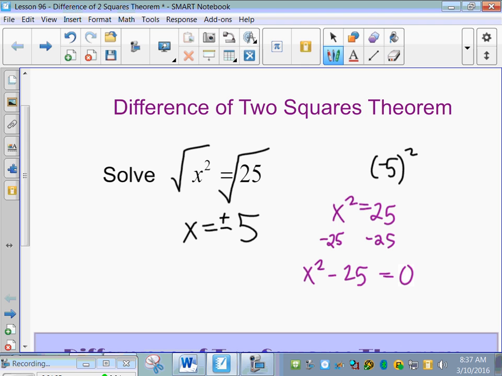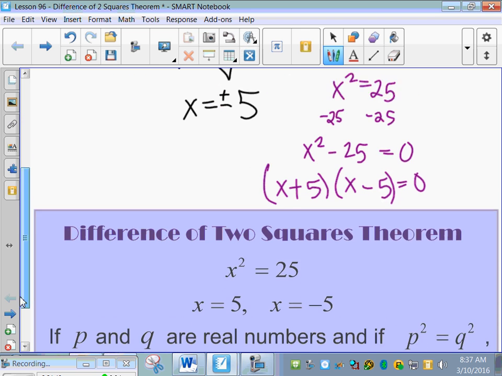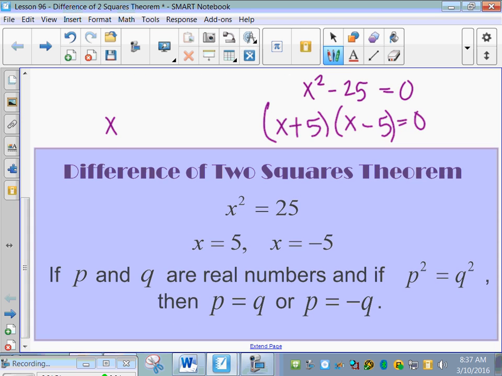So now it is a difference of squares, which you guys have seen a whole bunch of. And this factors x plus 5, x minus 5. And then you set your solutions equal to 0 and solve, which means you get negative 5 for the first one and positive 5 for the second one.